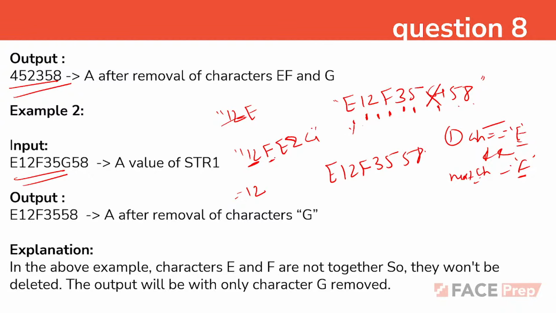F occurring first is not a valid one, right? In the sequence, they mentioned first E is going to be encountered, then only F. So F stays the same, and E also stays the same. Then 2, then G. G is going to be deleted. So this is my output over here.